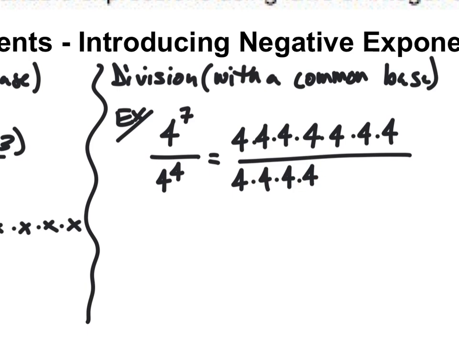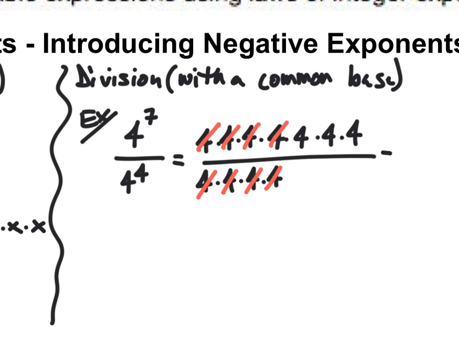Now these divide out. 4 divided by 4 is 1, and these divide out, and these divide out. So you're left with 3 of these, 4 raised to the 3rd power, so 4 cubed. Let's do another example real quick: m to the 6th power divided by m squared.